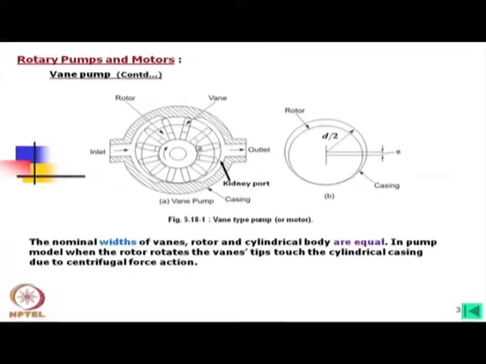Usually you will find more vanes, and the number might be odd or even; there is not much difference in flow fluctuation, because with 11 it is about 1.7 percent fluctuation.